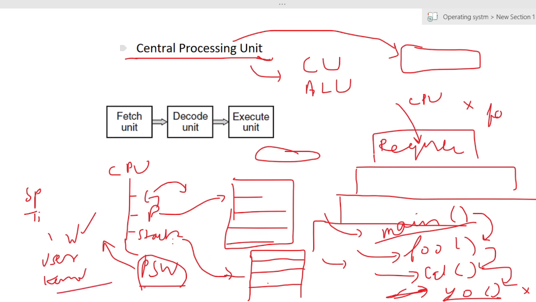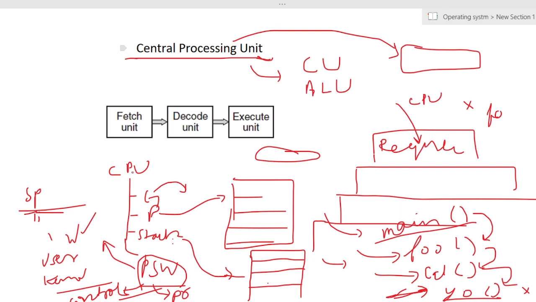Secondly, it holds the priority of the currently executing instruction, right? It also contains control bits. Okay, so these instructions are important for time-based resource sharing, right?